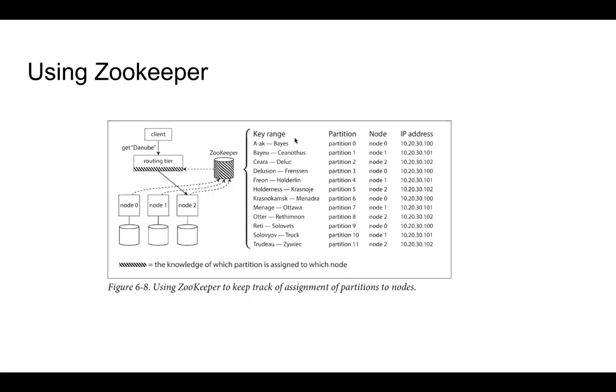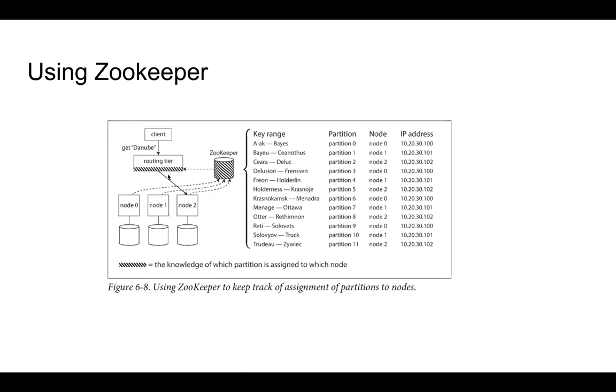If the system has a routing tier, then Zookeeper will update the routing tier, and based on that, the routing tier will route the request.